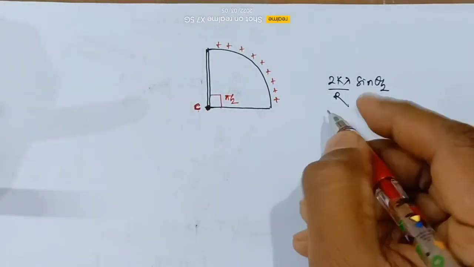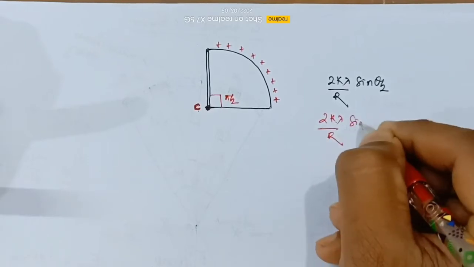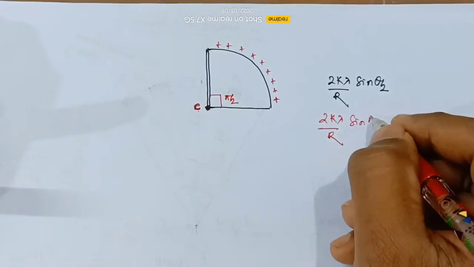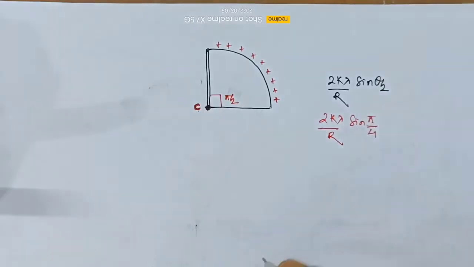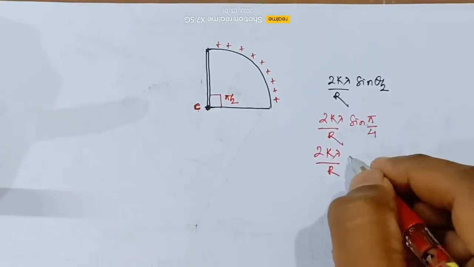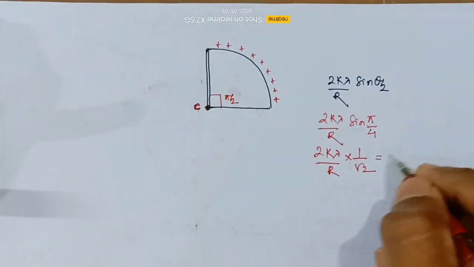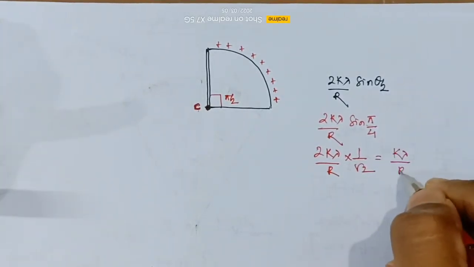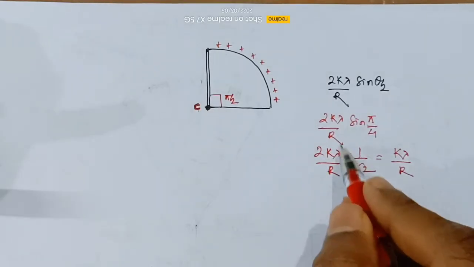So directly one can put the expression 2k lambda by r, this is sin of pi by 2 by 2, it means pi by 4. The expression is what? So 2k lambda by r sin 45, which can be written as 1 by root 2. So if I do my mathematics, that is k lambda by r, this is 2, I will multiply 1 by root 2 here, root 2 here.